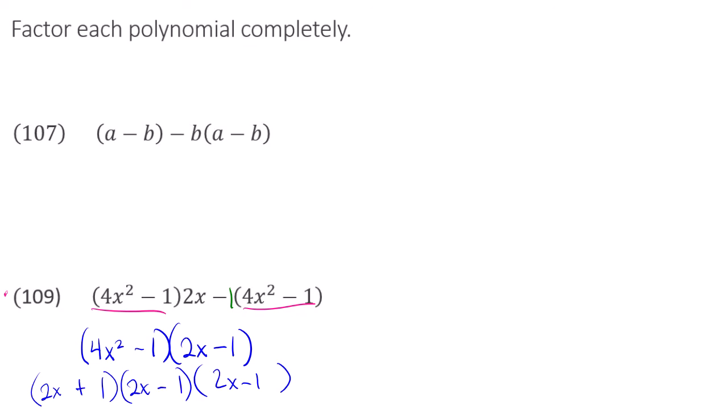Okay. Now I can also rewrite this. This will be okay for full credit, but you can also rewrite it as 2x minus 1 squared, right? Since there are 2 of these, we can use our exponent properties and actually add the 1 plus 1 and get 2, right? So we can actually rewrite that as 2x minus 1 quantity squared.